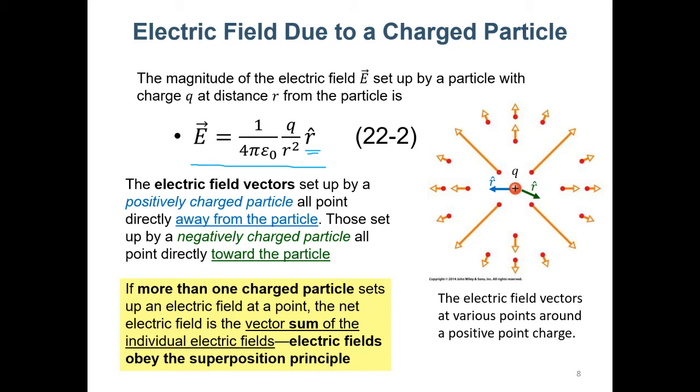For this point, for example, R hat points this way. If it is this point, R hat points that way. So for different points in the space, R hat is different.